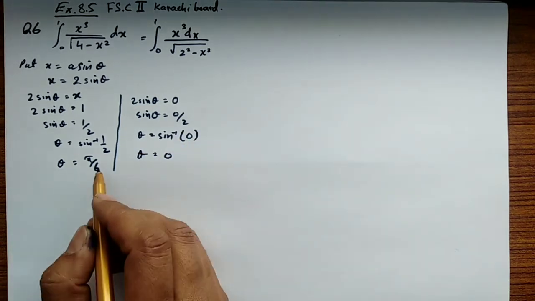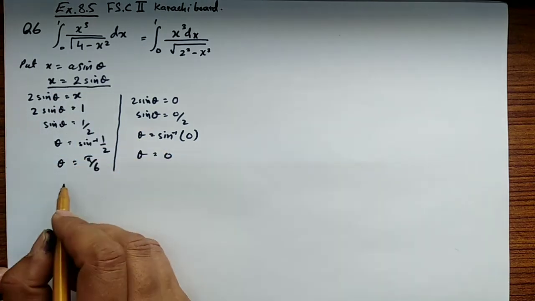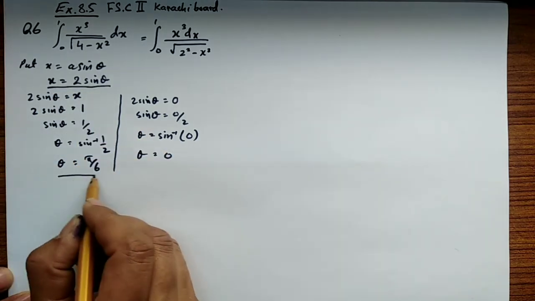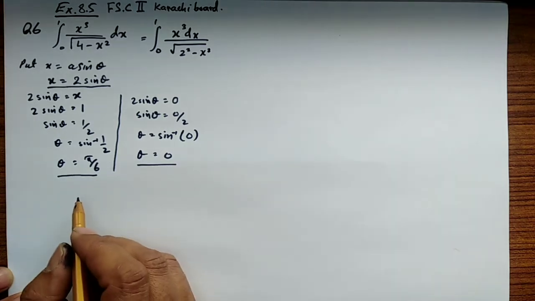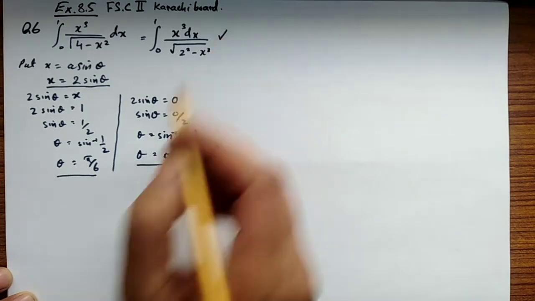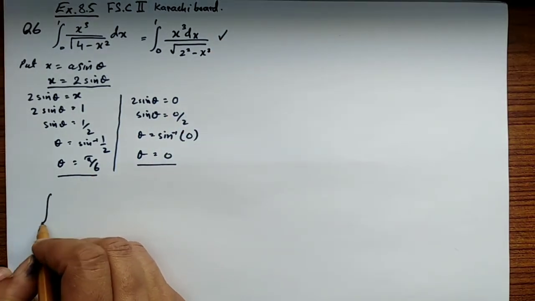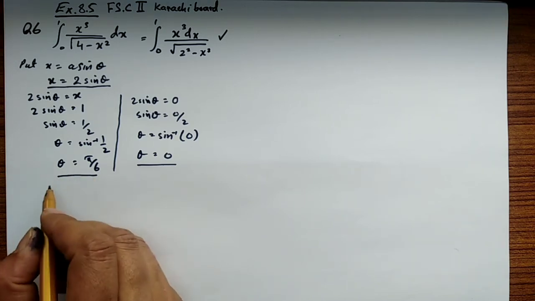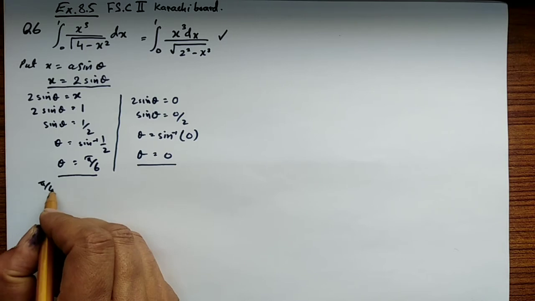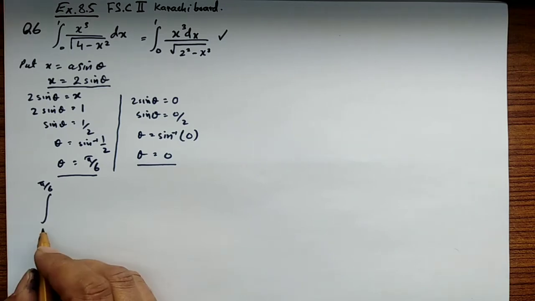Now putting all these values, x equals 2 sine theta, upper limit pi upon 6 and lower limit 0, in this original question, in place of upper limit we write pi upon 6, and in place of lower limit we write 0.